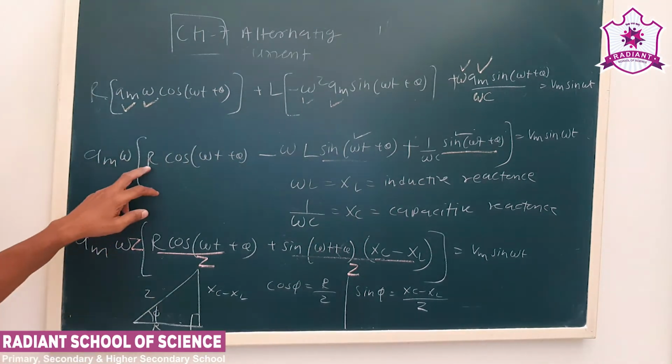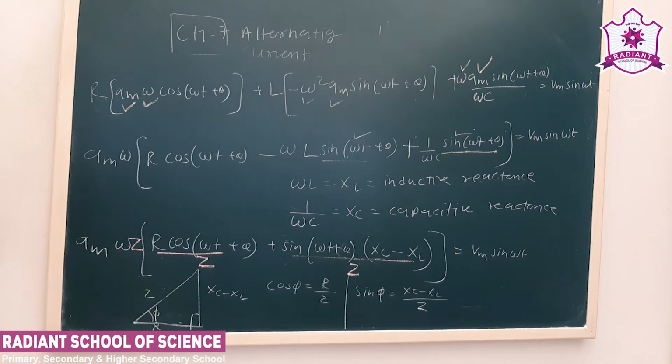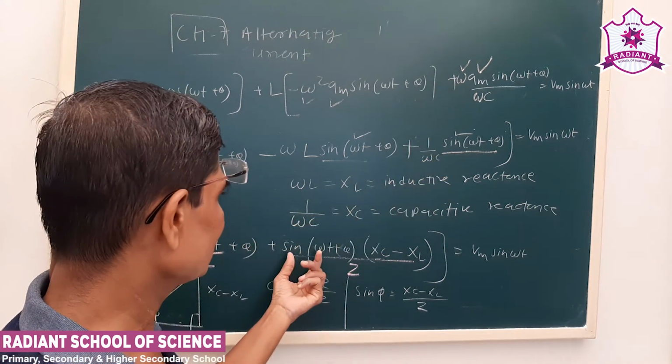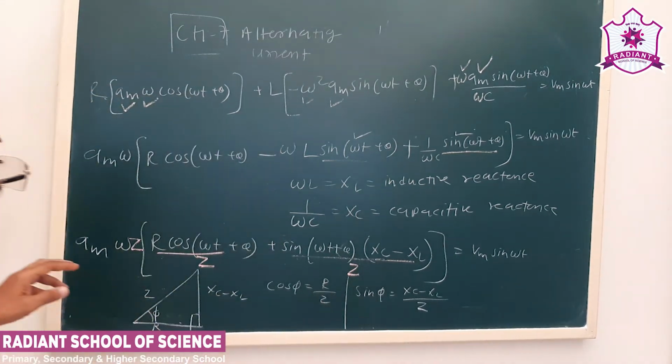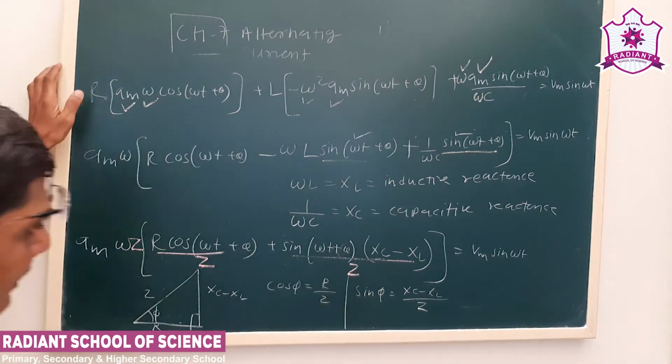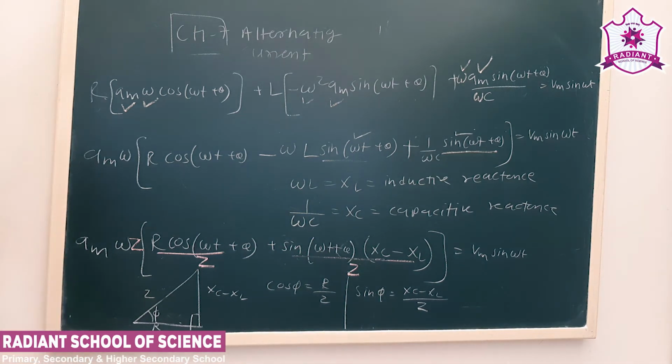Here sin(omega t plus theta) is taken common, and what is left is XC minus XL. The terms in the bracket I have divided by Z and multiplied by Z. Recall the phasor part: cos phi is R by Z and sin phi is XC minus XL by Z.